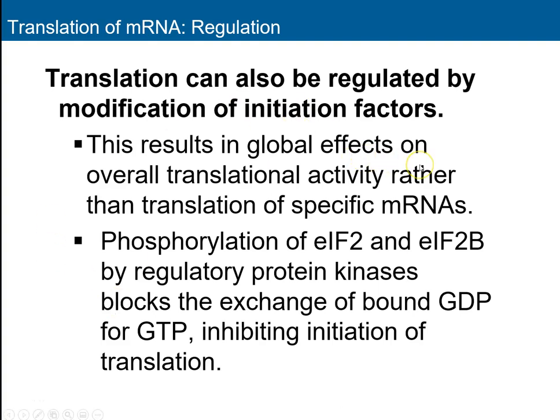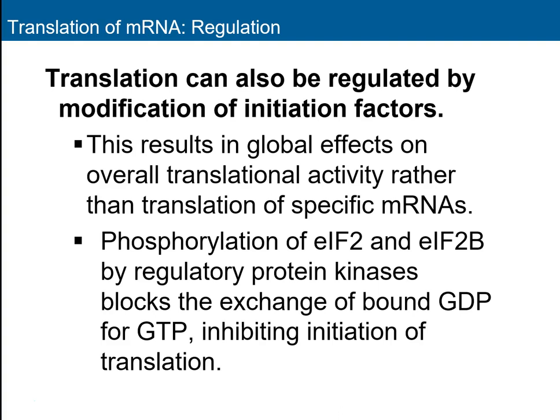This results in global effects on overall translation activity, because if you modify a particular initiation factor, that factor is involved in all translation. So it's not specific to a certain protein, like that ferritin example, where the repressor protein will only bind to the mRNA for ferritin and won't affect any other proteins. Here, effects on the initiation factors themselves will have a global effect on translation.